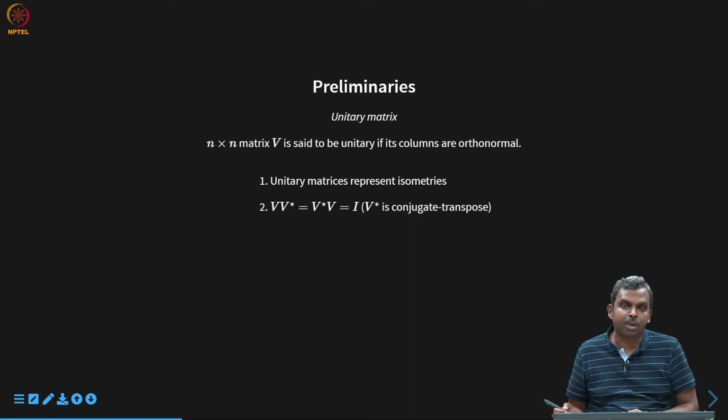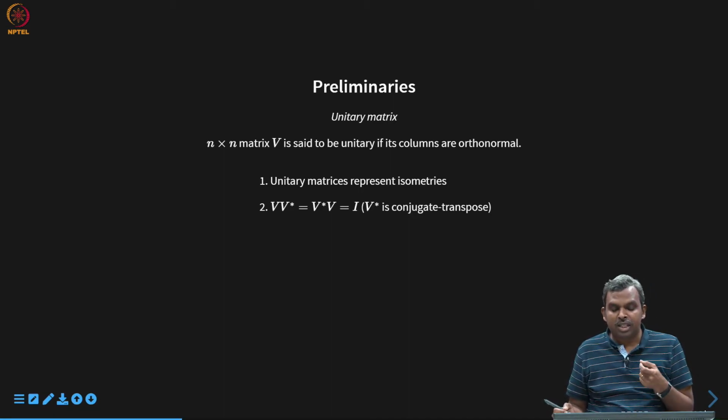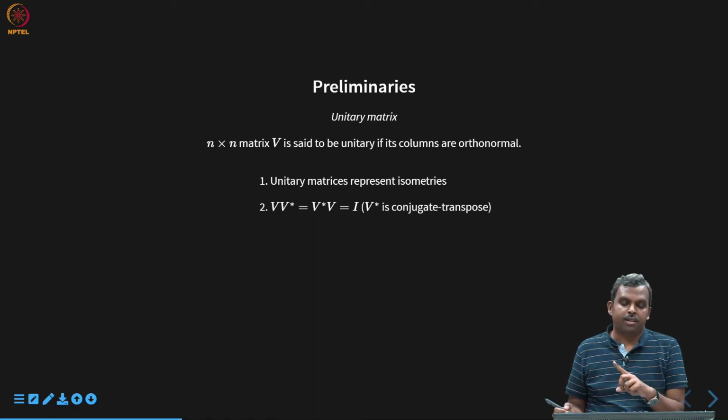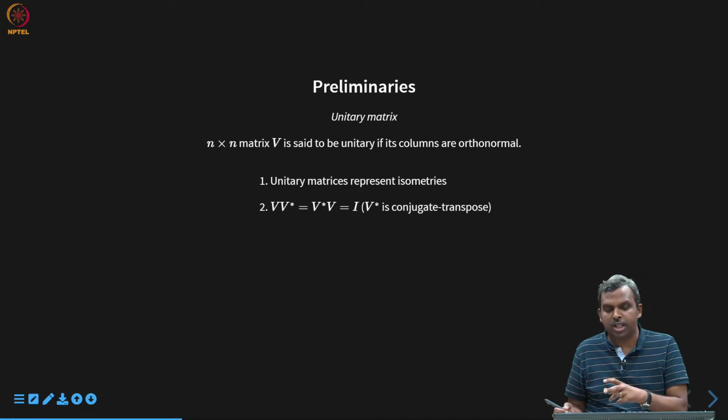First is that of a unitary matrix. We have already seen this before. We have seen isometries, and we saw that unitary matrices represent isometries, unitary operators. The basic definition is that an n cross n matrix V is said to be unitary if its columns are orthonormal. Another way of writing it is V star V must be the same as V V star, and that should be equal to the identity matrix I. V star is the conjugate transpose.